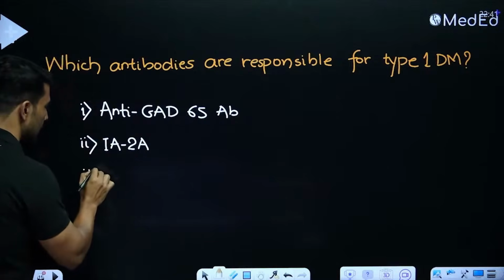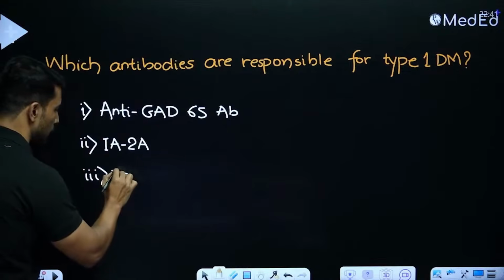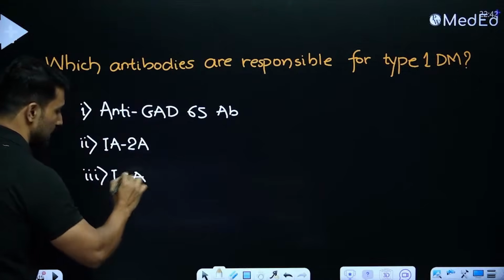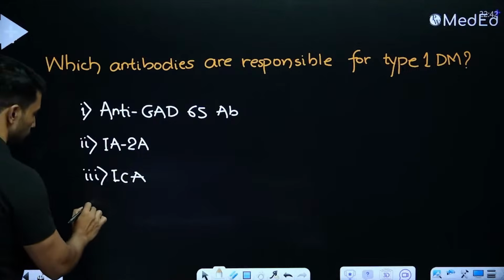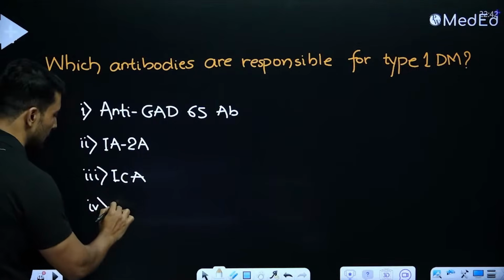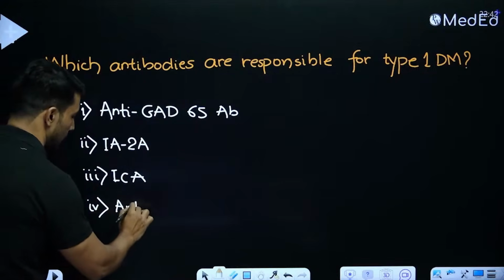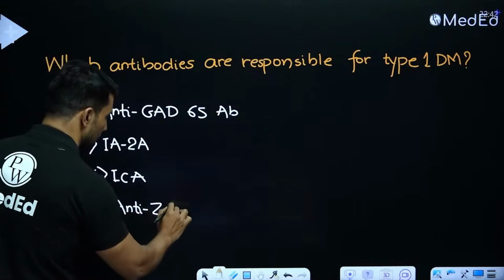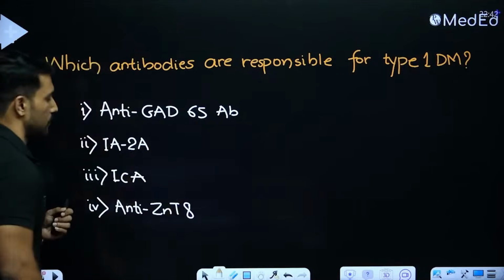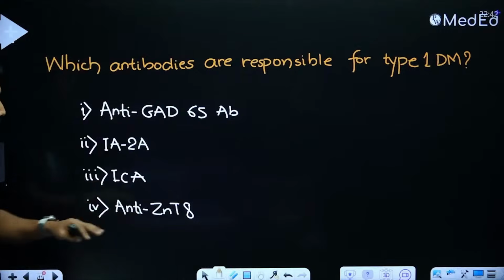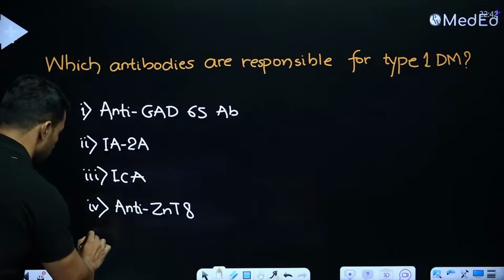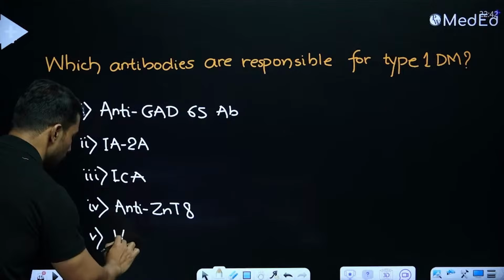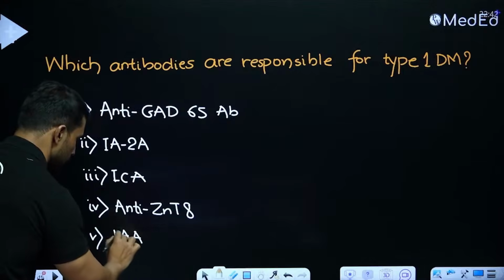The third one is islet cell cytoplasmic antibody or ICA. The fourth one is zinc transporter 8, anti-ZnT8 antibodies. The fifth one is insulin autoantibodies.